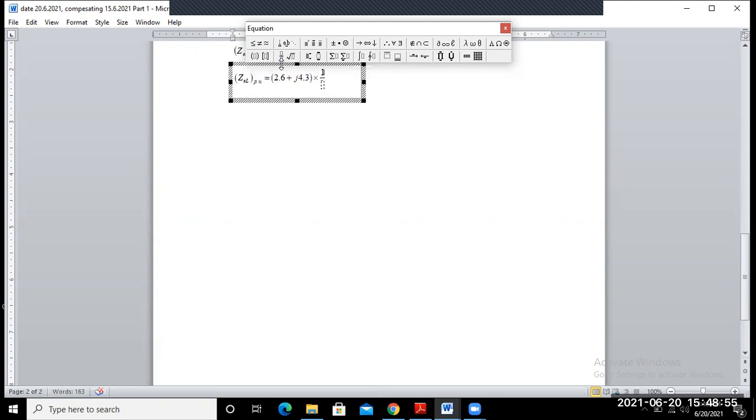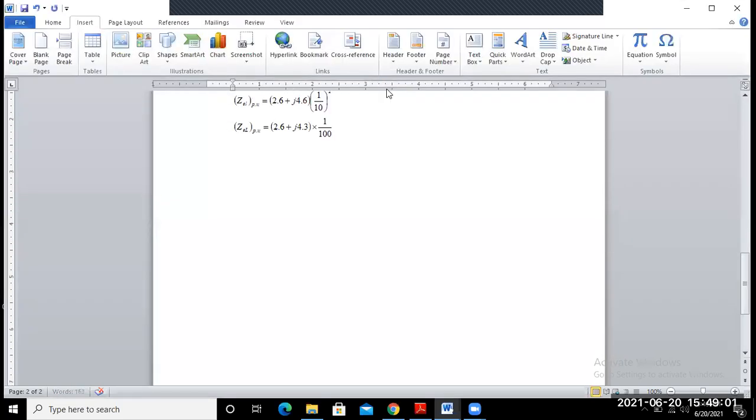Okay, 1 by 100. So Z equivalent in per unit equal to 0.026 plus j 0.043, is it not?